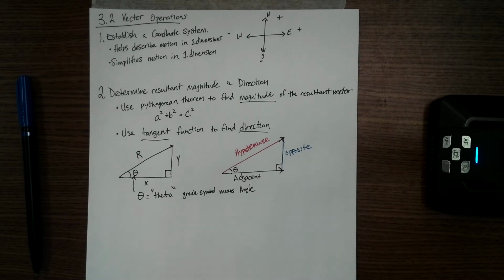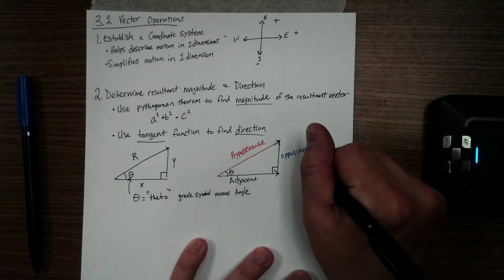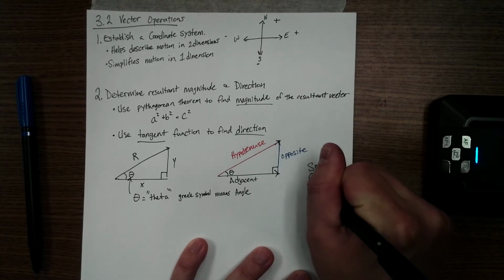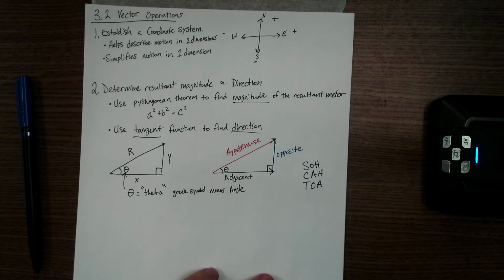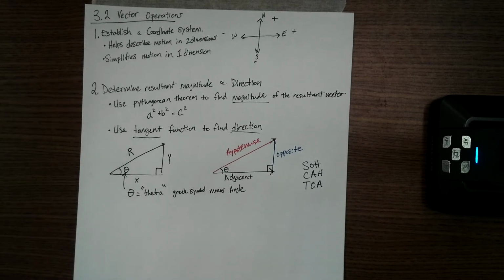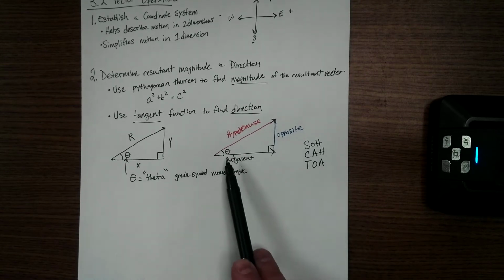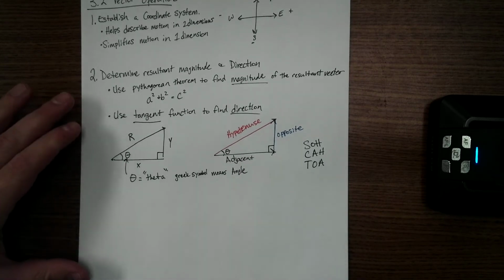All right? You've probably heard a set of terms, I'm hoping that you've remembered, that's called SOHCAHTOA. All right? SOHCAHTOA is basically how you are finding sine, cosine, and tangent. I'm not going to talk to you about how or what sine, cosine, and tangent is, but we are going to be using those functions on your calculator and in math to figure out the inside parts, the angles of your triangle.